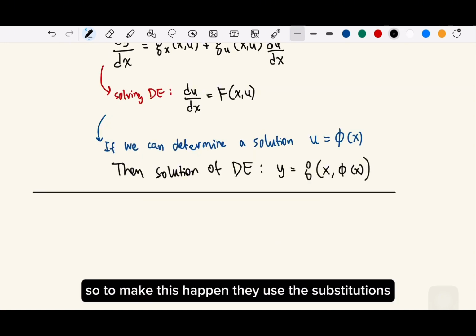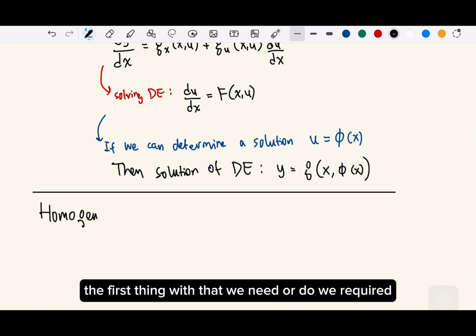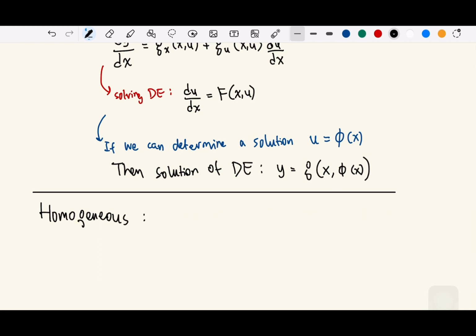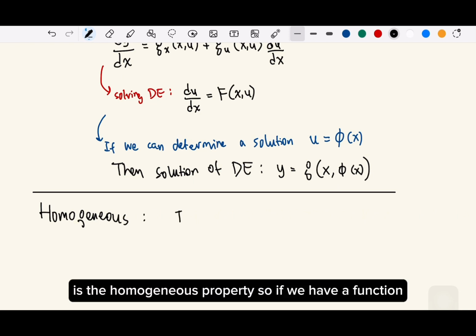To use these substitutions, the first thing that we require is the homogeneous property.